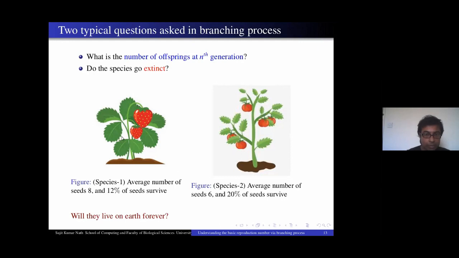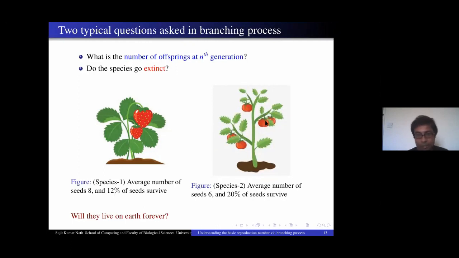So for example, where intuitively we cannot say the result. Suppose these are two species of plants. Species one produces an average of 8 seeds, and among them 12% of seeds survive.